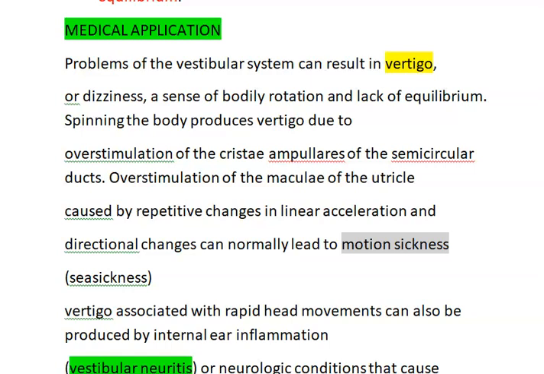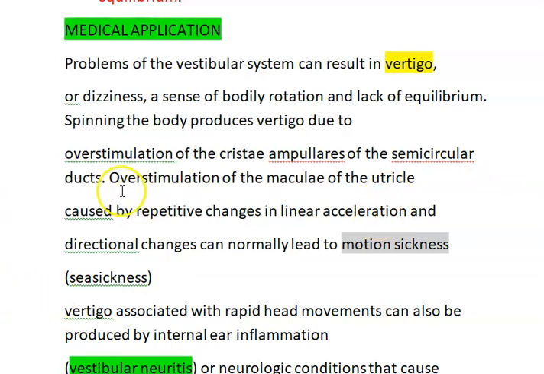What could cause vertigo? Vertigo could be caused by spinning the body. When you know those rotations that we used to do, you rotate and then you fail to stand. That is vertigo, because the crista ampullaris of the semicircular ducts were overstimulated.